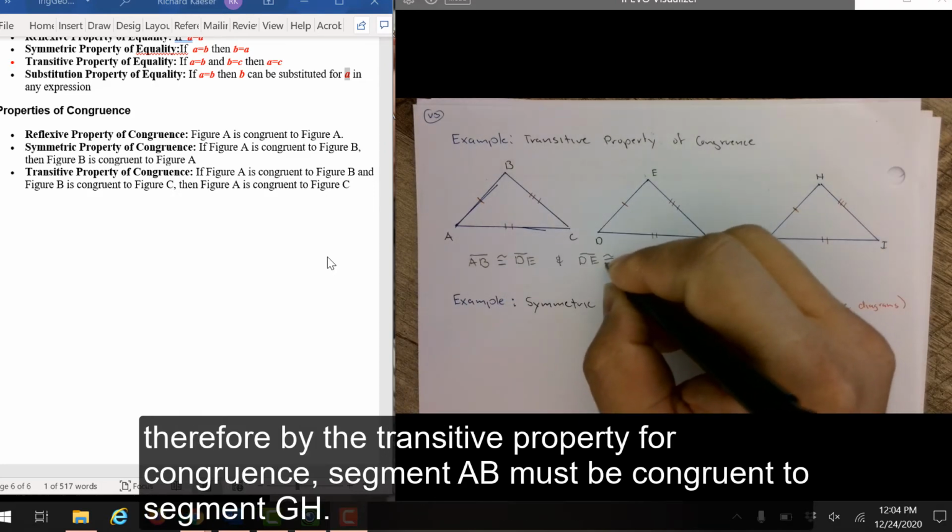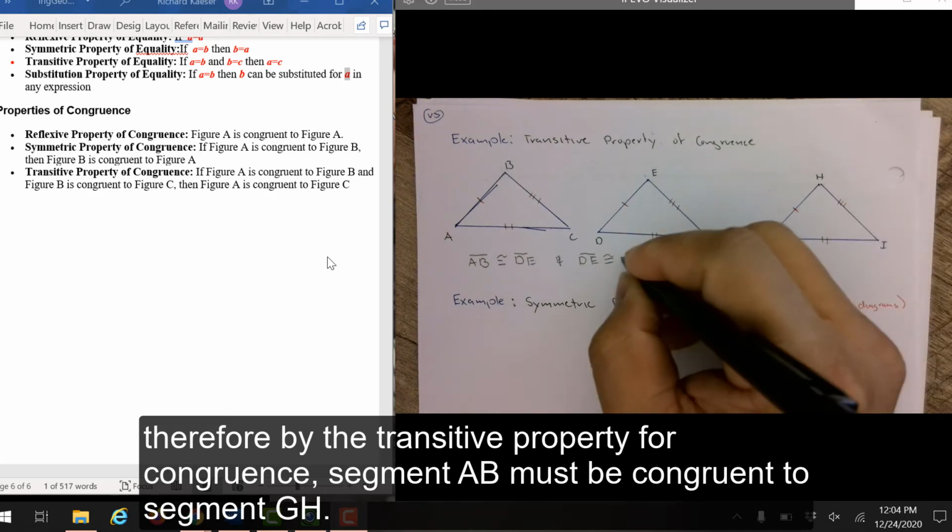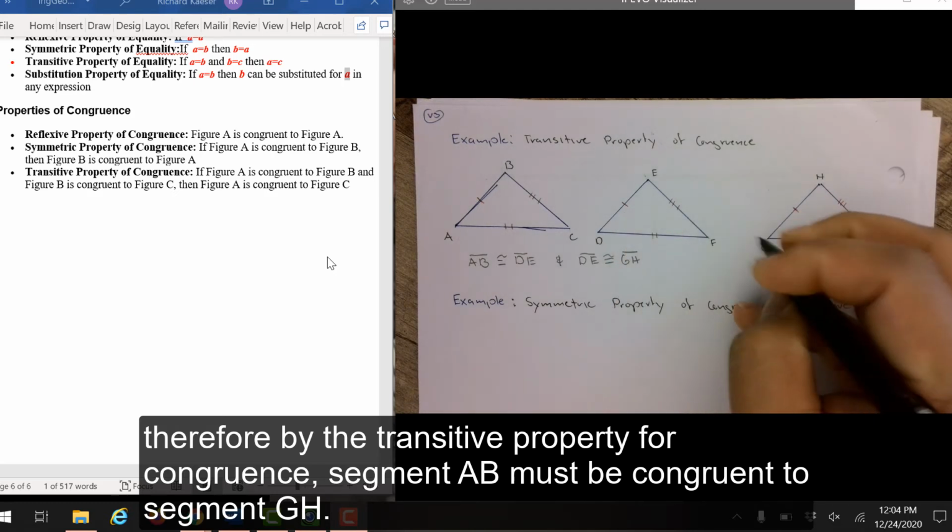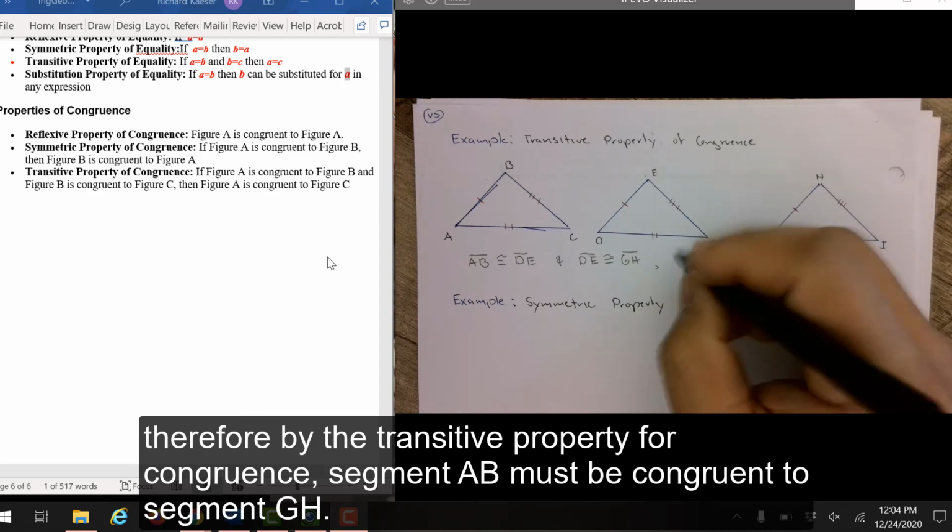Therefore, by the transitive property for congruence, segment AB must be congruent to segment GH.